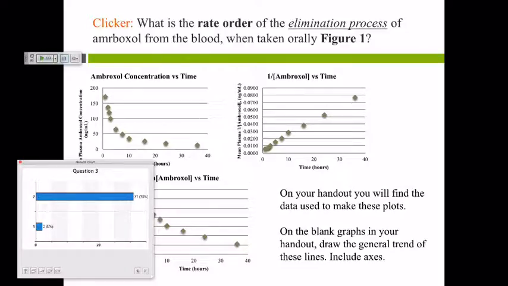So why is almost everyone in agreement that this is a second order elimination process? Hannah? Because it's a linear graph, like the one with the... I really can't see it. Okay, so move over. Tell us which one's a linear graph and what we can infer from that.